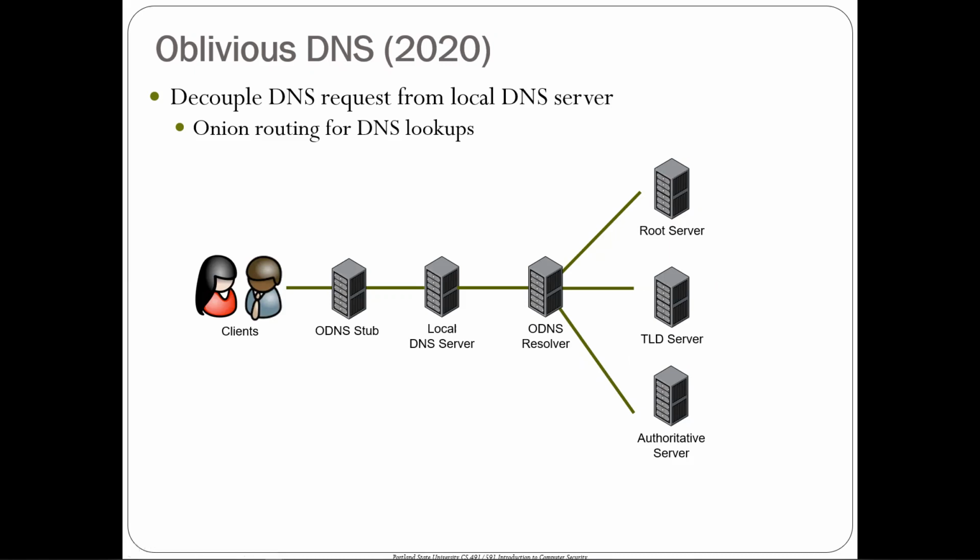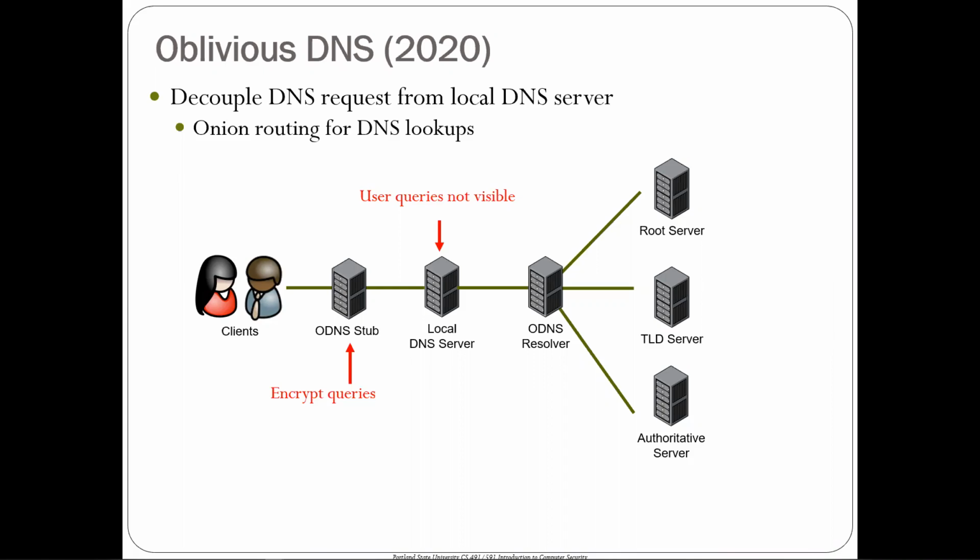So the operation is that the client is going to have a query, and the stub is going to encrypt the query, and that query is going to get passed to the local DNS server. The local DNS server doesn't see what the query is. It's encrypted, but it does know to send any response back to this particular client. So it knows who the client is that asks this query.